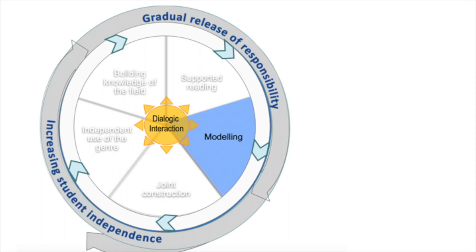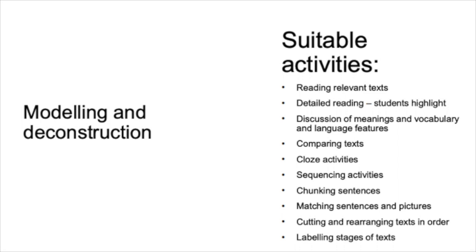And on the next slide, there's quite a lot of different activities. Again, suggestions. You could read relevant texts. You could do some detailed reading, students highlighting different parts of the text. You could discuss meanings and vocab. So again, the terminology around plants, thinking of science and what they need to know in the future years if you're looking at a primary school level.